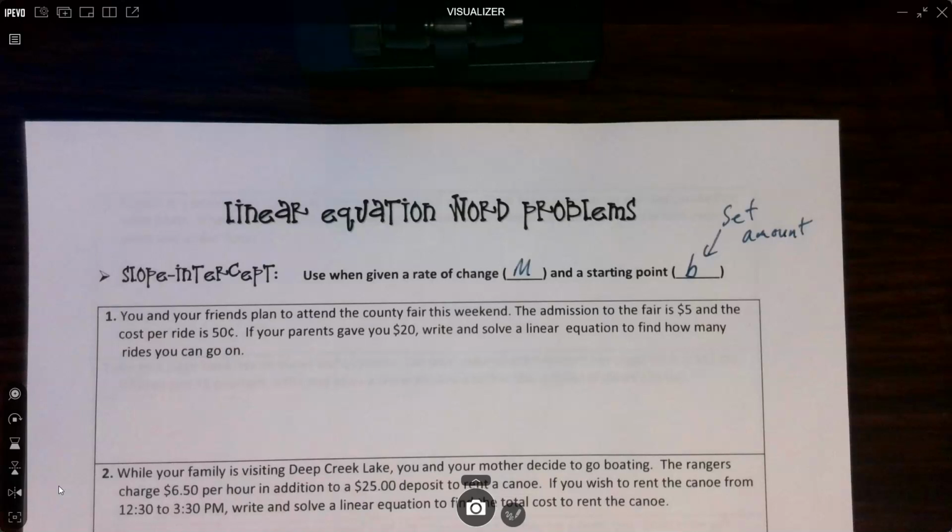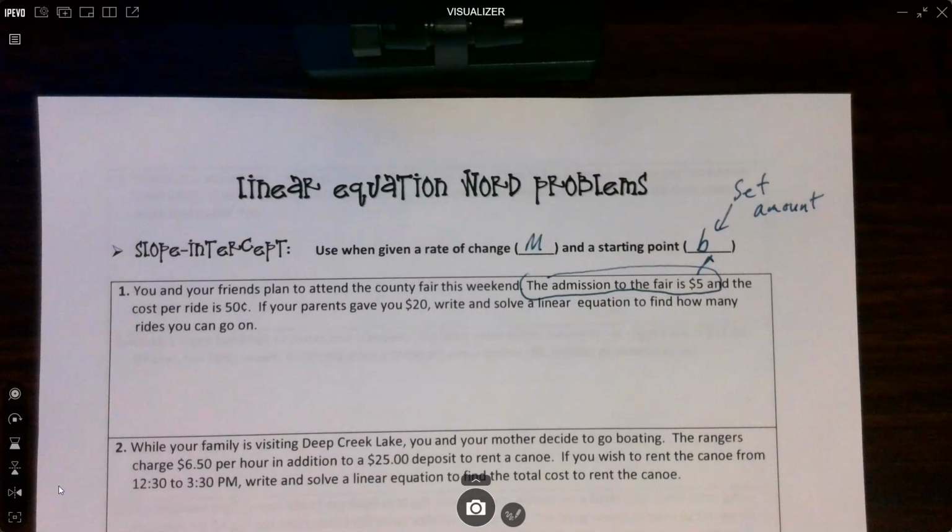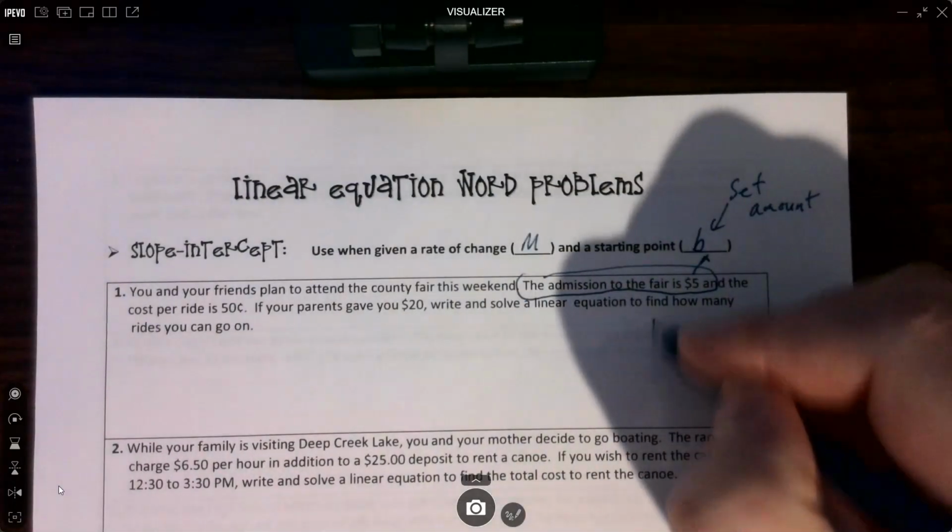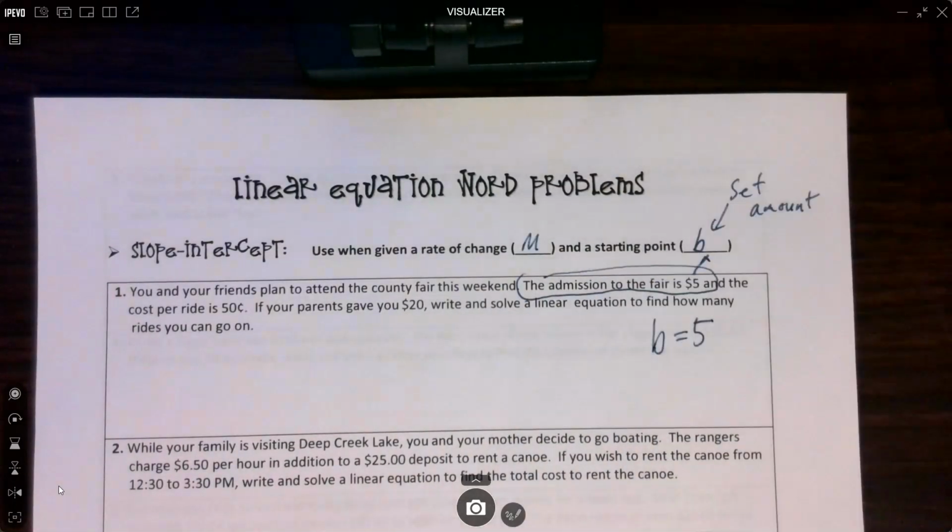All right, so you and your friends plan to attend a county fair this weekend. The admission to the fair is $5. So this admission of $5 is going to be your set amount, because even if you walk in there and don't go on a single ride, it's still going to cost you $5 to get in. So the B on this is $5.